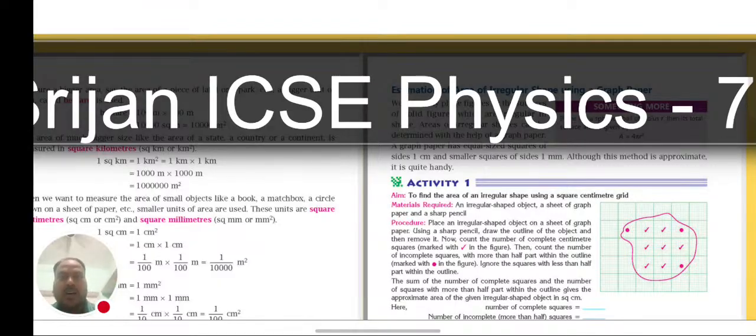Or simply we can multiply 2 times of kilometer. 1 kilometer equals 1000 meter, so we multiply 1000 meter into 1000 meter, and we get 1 kilometer square equal to 1,000,000 meter square.